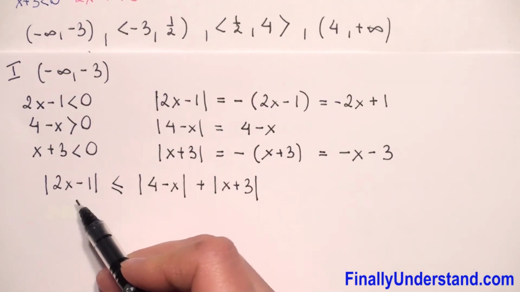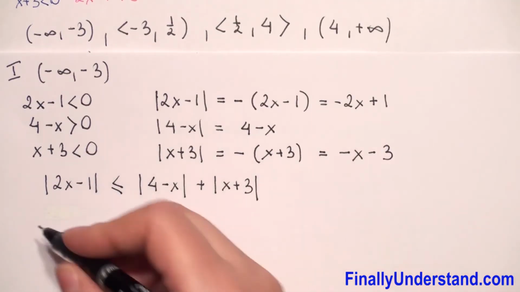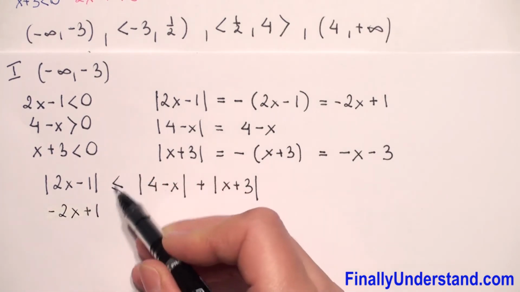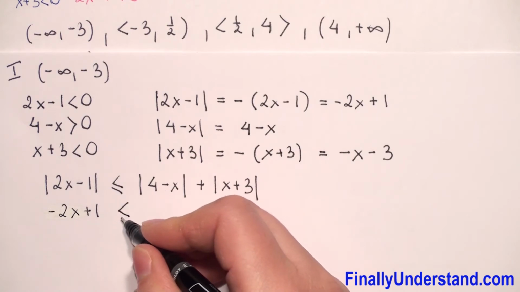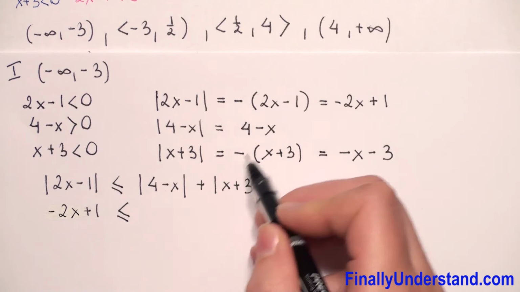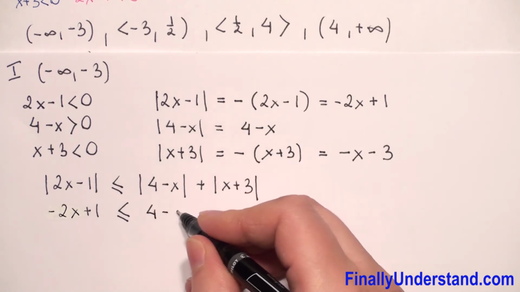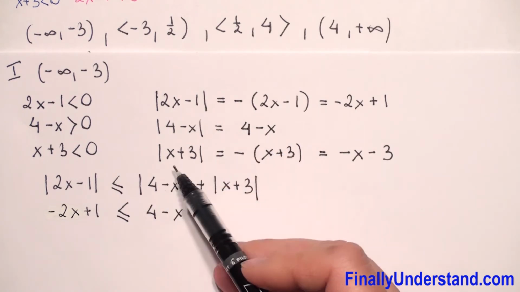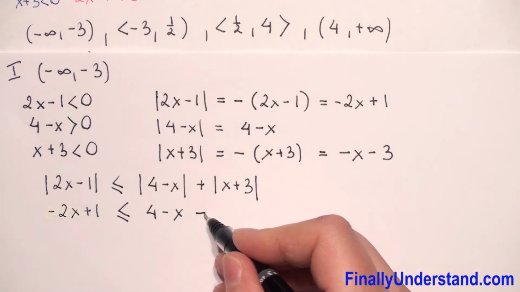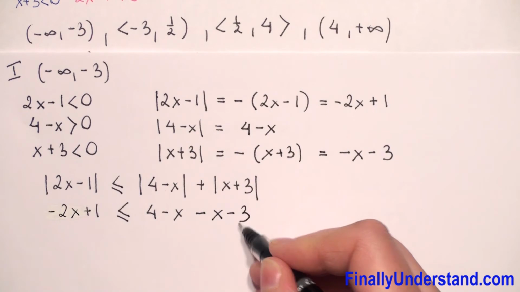Absolute value of 2x minus 1 is equal to negative 2x plus 1. We have to copy our inequality sign, and absolute value of 4 minus x is 4 minus x, and absolute value of x plus 3 is negative x and negative 3.